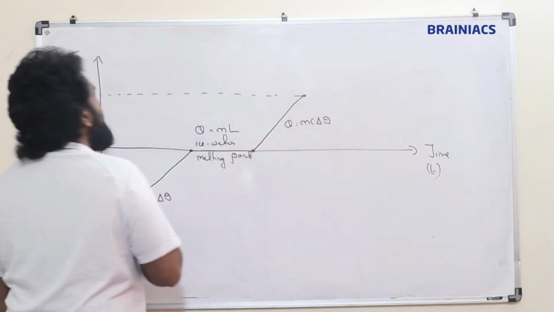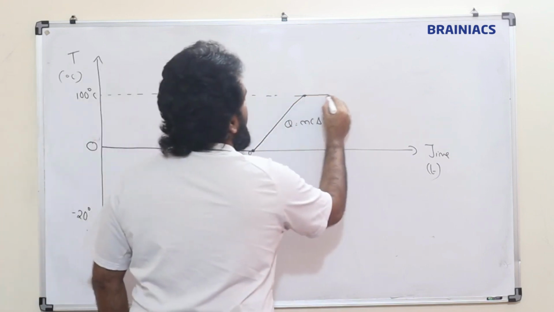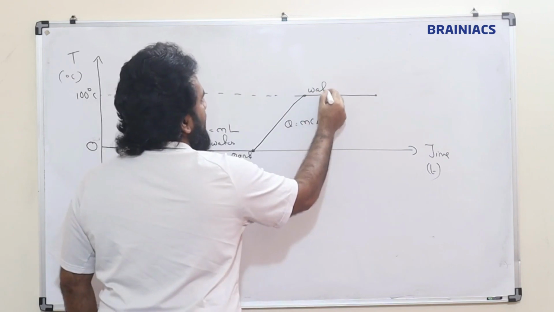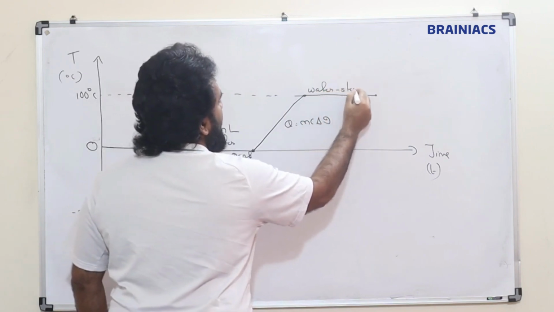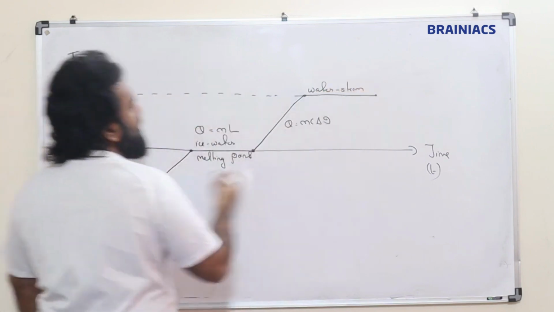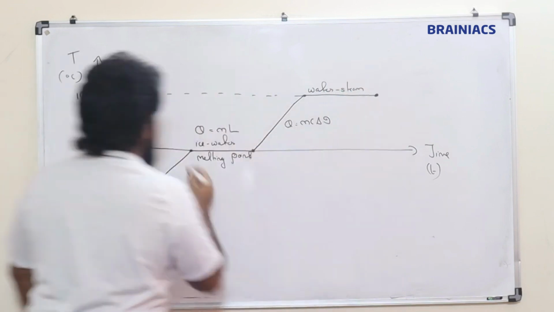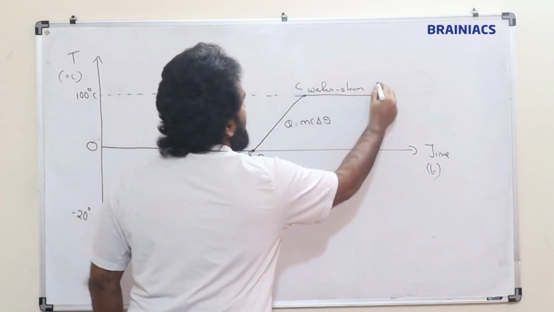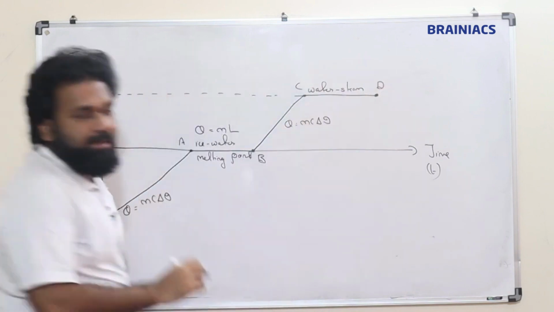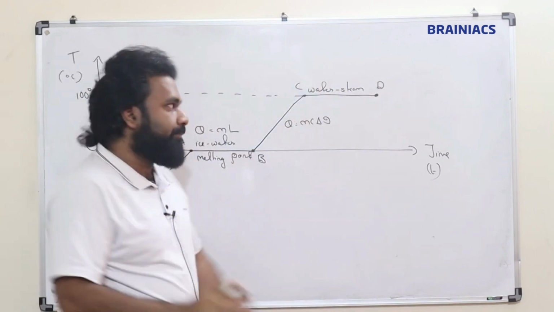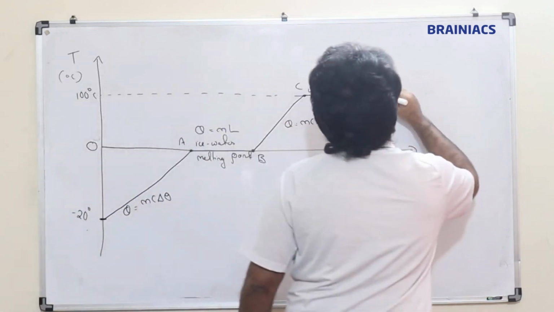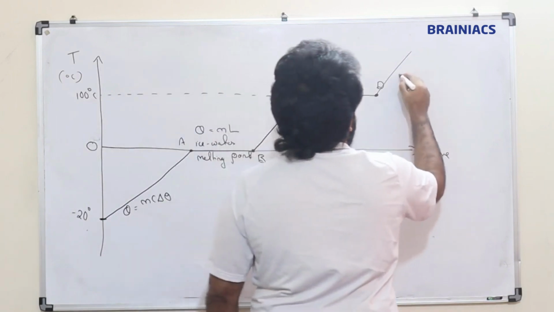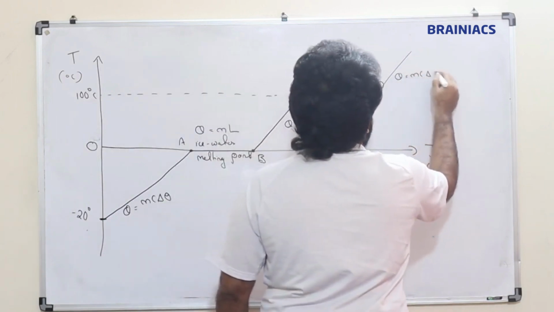Once it becomes 100 degrees Celsius, the conversion of water into steam will happen. So a water-steam mixture will be there at 100 degrees Celsius. Suppose this is A, this is B, this is C, this is D. At point D, the entire water will be converted into steam. Once it becomes steam, again Q is equal to mc delta theta.